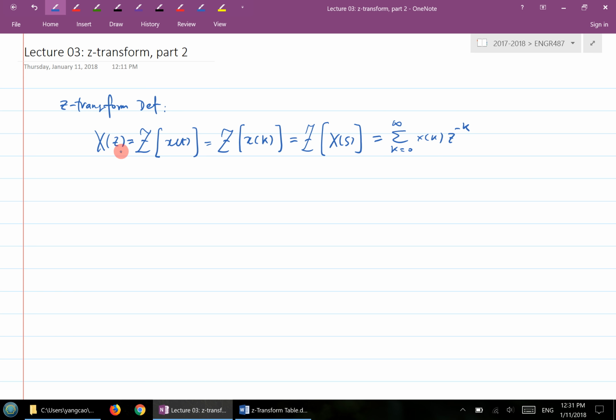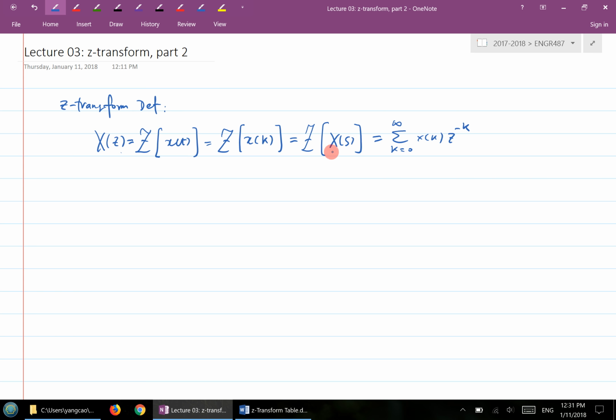In terms of notation, if you have an original time function x of t, we can obtain a sequence of numbers from this x of t by appropriate sampling, right? And you can use capital X of z to represent the Z transform. So if you see either one of these, they're all referring to the same thing.